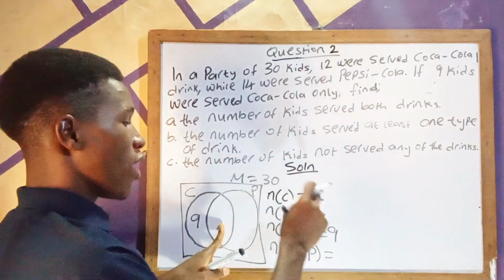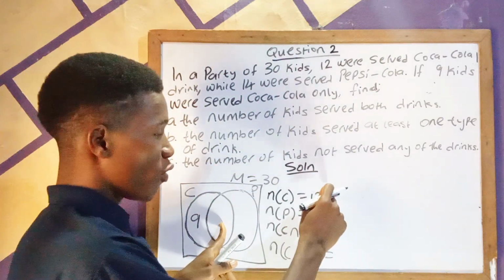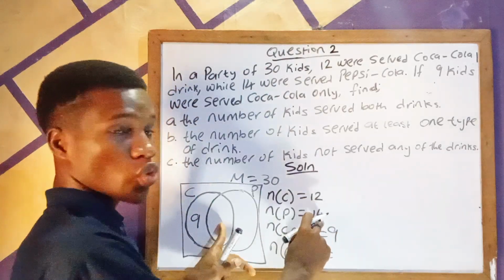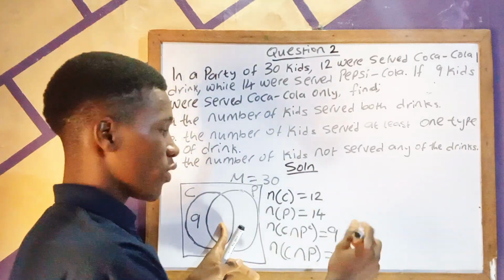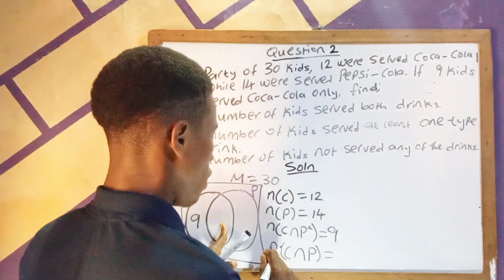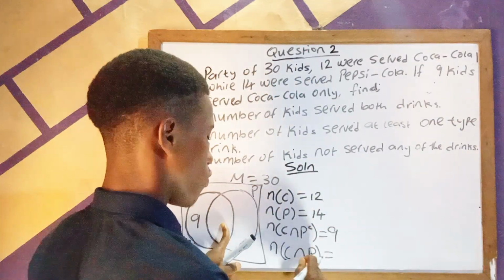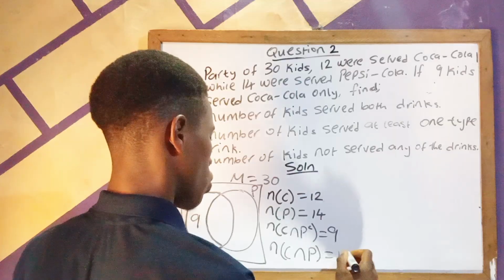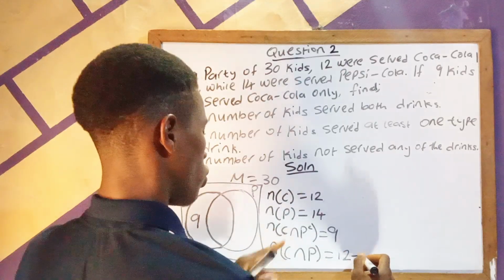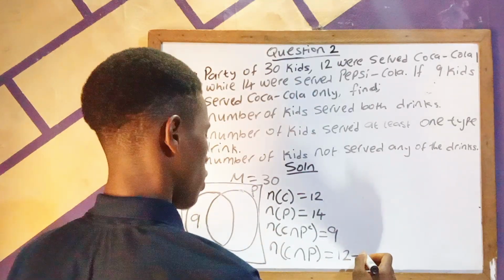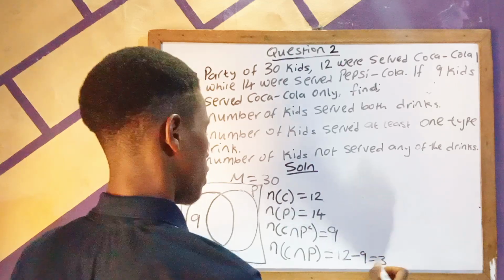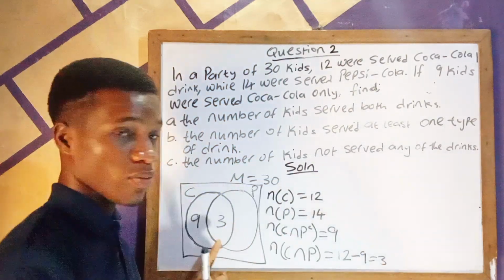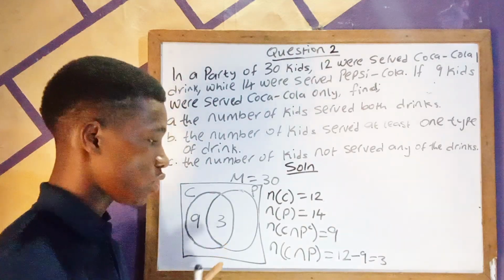That means a number of people served Coca-Cola also took Pepsi-Cola, and that is those served Coca-Cola, which is 12, minus those served Coca-Cola but not Pepsi-Cola, which is 9. So we have 3 people here taking both drinks.